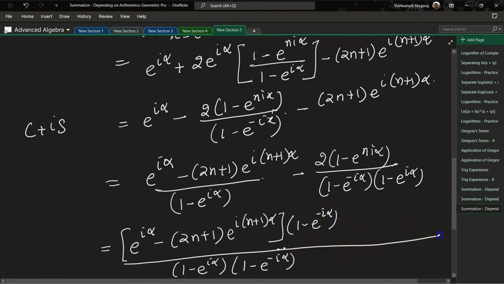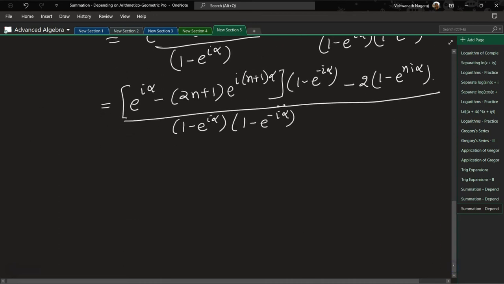Since the denominator becomes equal, we can continue writing the other term also, 1 minus e to the power of n i alpha. Okay, now let's multiply this: e to the power of i alpha times 1 minus e to the power of i alpha times e to the power of minus i alpha, that is 1.